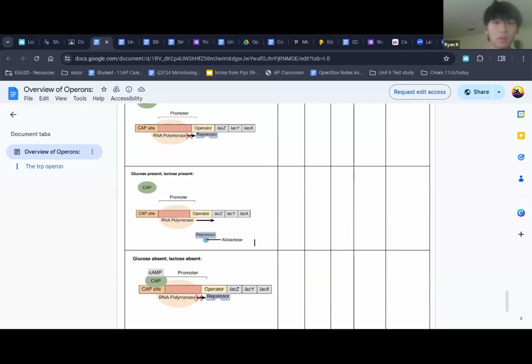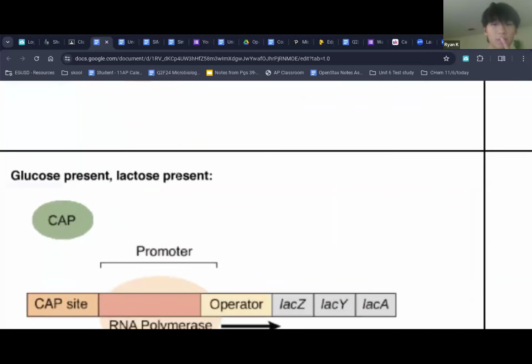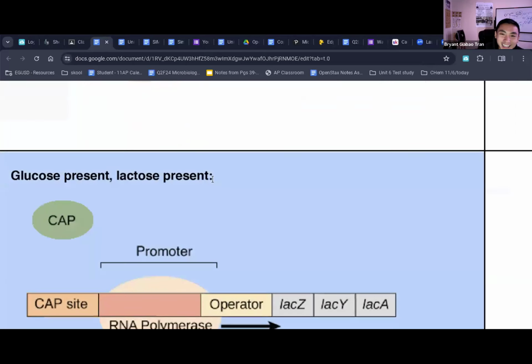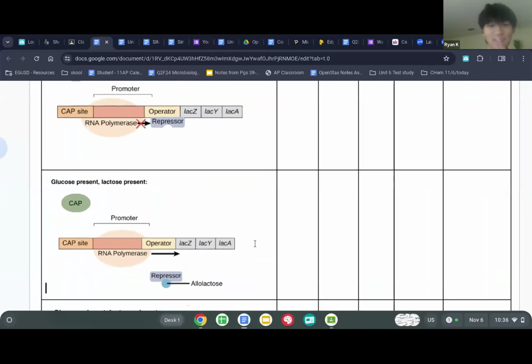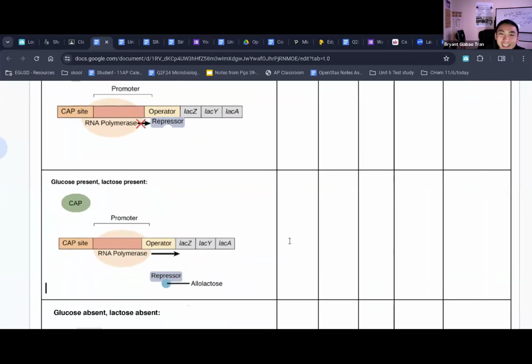In this case, is lactose present? I think lactose is present. No, lactose is absent. Wait, no, present. Yeah, sleeping is important. Yes, sleep deprived.